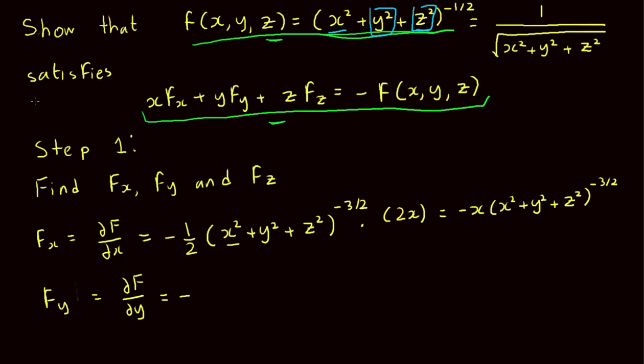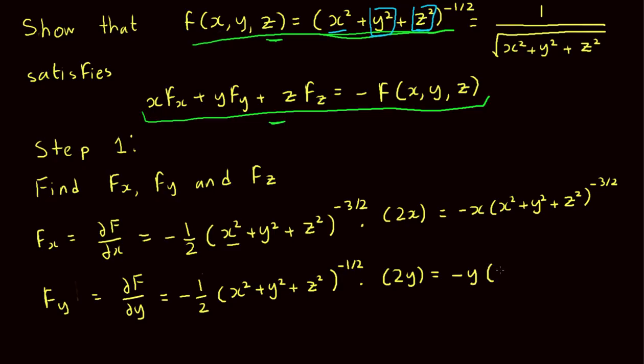It's almost the same form, so that's a relief. You don't have to panic so much about it. So it's x squared plus y squared plus z squared to the power of negative half times 2y. Essentially it is just negative y.